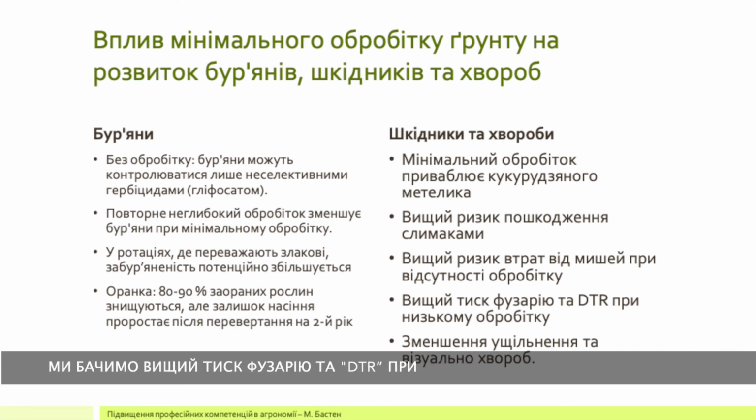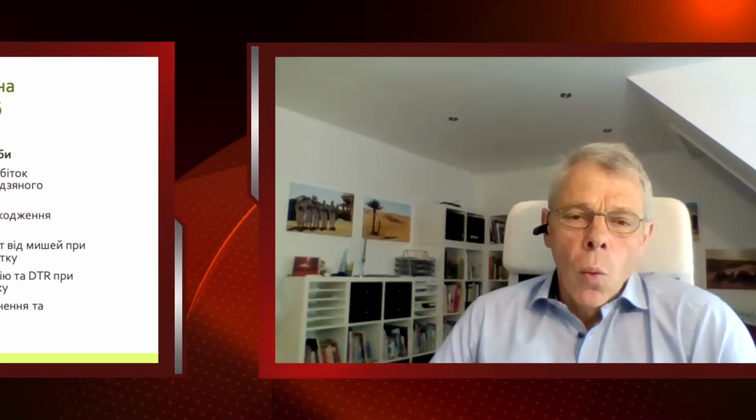We see higher pressure of fusarium and DTR, the drying spot disease, in no-till in cereals, or in wheat in particular, but less pressure by the take-all disease and eye spot disease. The key message is, when comparing advantages and disadvantages of plowing, summarized here.